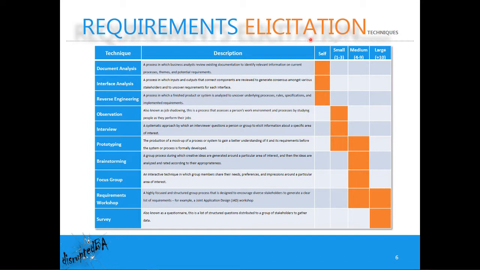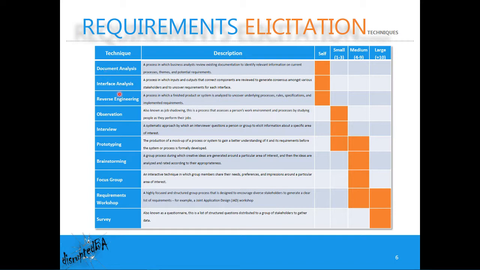These groups are just indicative of the group sizes. Typically, on a practical level, a small group is 1 to 3 and a medium group is 4 to 9 stakeholders, and then large is 10 plus. It might vary. These are just indicative numbers.